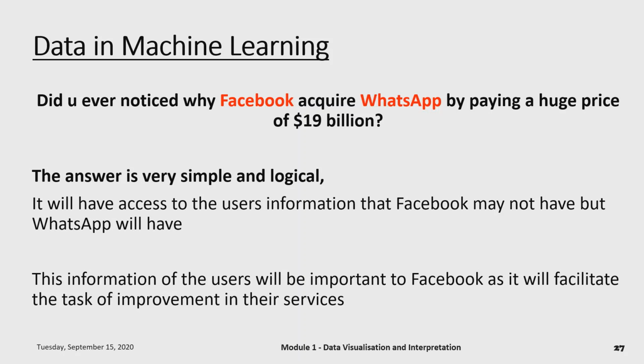Many people won't have a Facebook account, but will be using WhatsApp to share documents, right? So now they have the phone numbers of the users, which would help Facebook to improve their services, right? This is one of the probable answers, that they would get that data and try to improve their services, right? So this data is being shared by Facebook via WhatsApp.